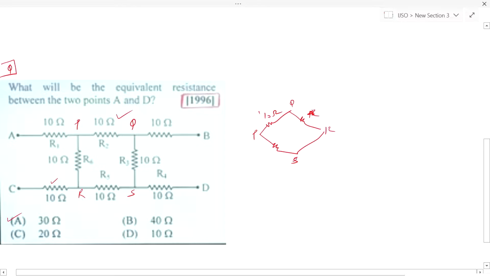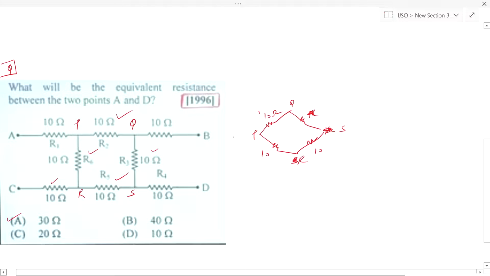Okay. Pay attention. So I think this has to be R. Let's try down. P and R, how much? It's 10. And everything is done. R and S is also 10. Clear? So each and every resistance is included.